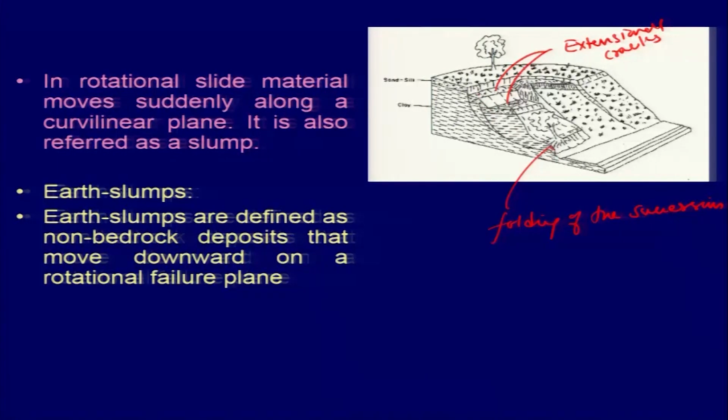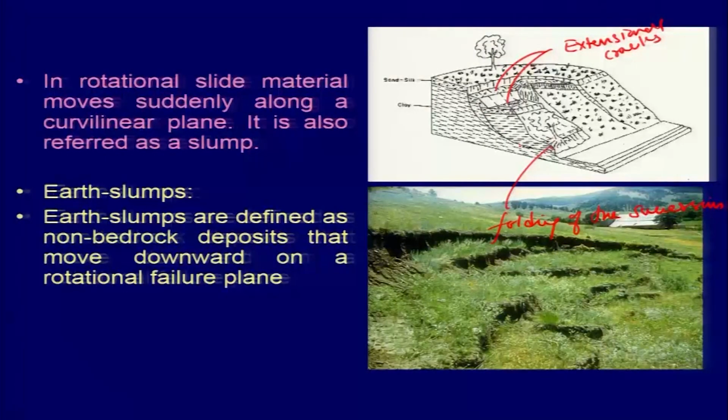Hence, we designate this as a rotational slide, because the material has been rotated along this one. This is an example of a rotational slide with multiple scars, that means there are multiple planes along which the movement has occurred.